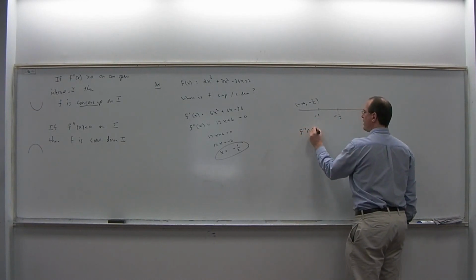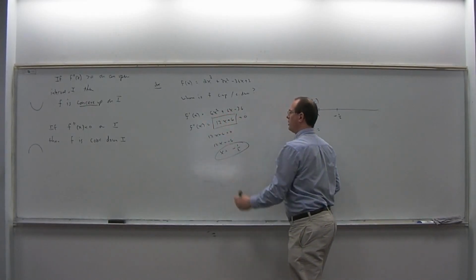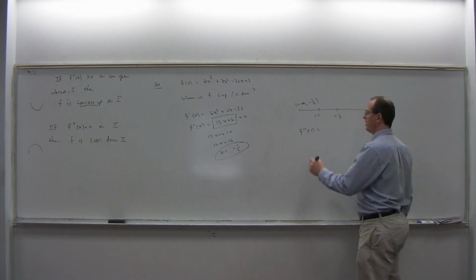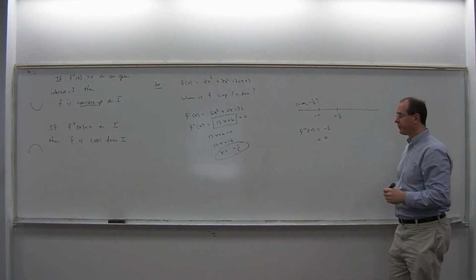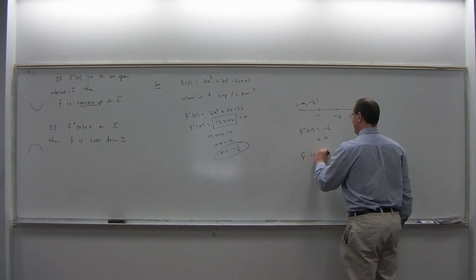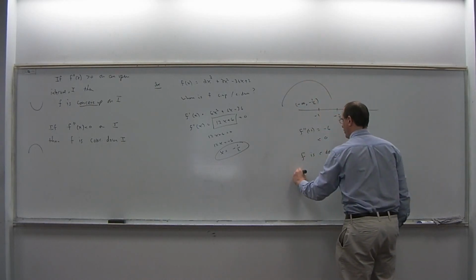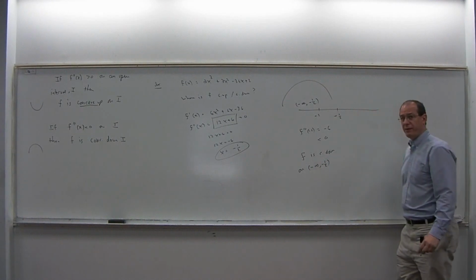f double prime of negative 1. Here's f double prime here. If you put negative 1 in for x, you get negative 12 plus 6, which is negative 6. And the important thing is that it's negative, and that means that the function is concave down on this interval from negative infinity to negative 1/2.